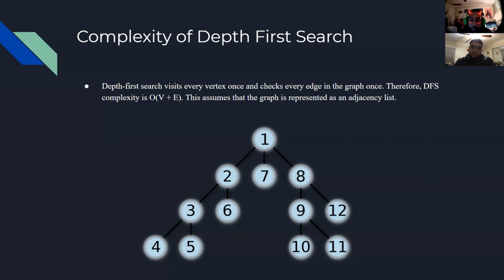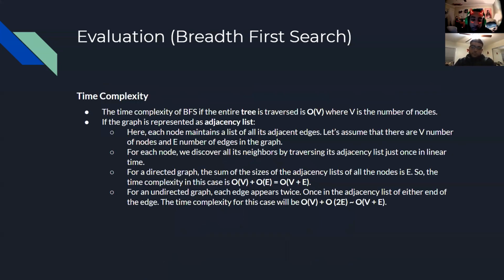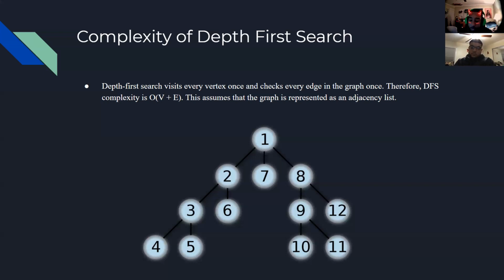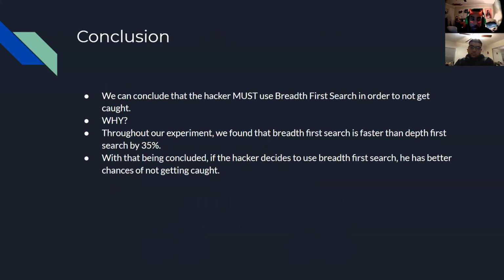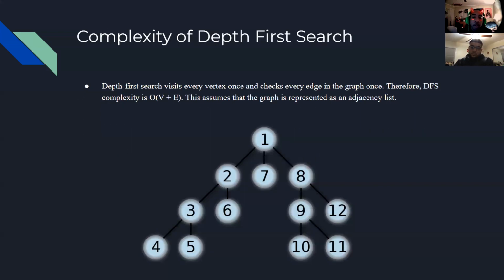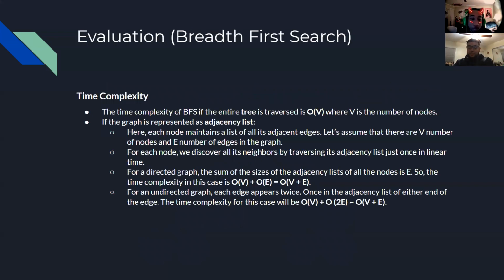Well, the complexity here is big O notation of height. The reason is that with depth first search, it's only the big O notation of height. With breadth first search, it can be much faster depending on the location of the folder.